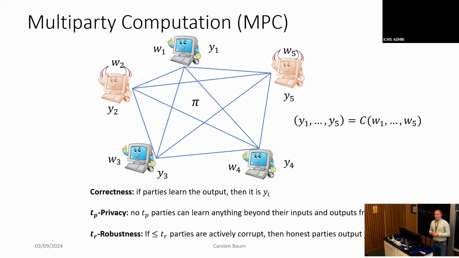And so an MPC protocol can also have, in this case, for example, 2 robustness, which means that if the parties misbehave in whichever way they want, they may not be able to make the honest parties output something other than what they're supposed to get, or the honest parties learn that something went wrong in the multi-party computation. I just want to distinguish these 2 cases.